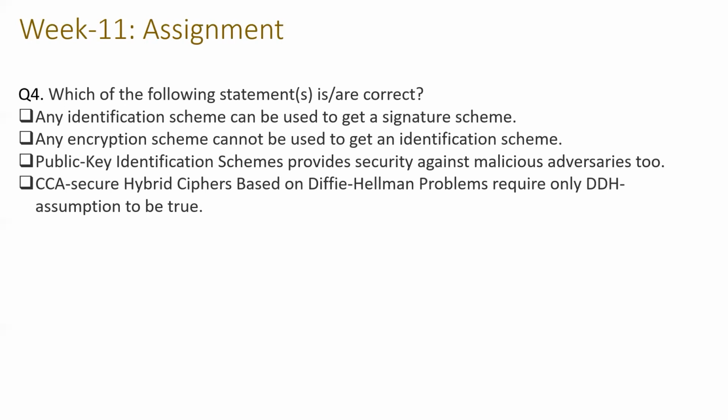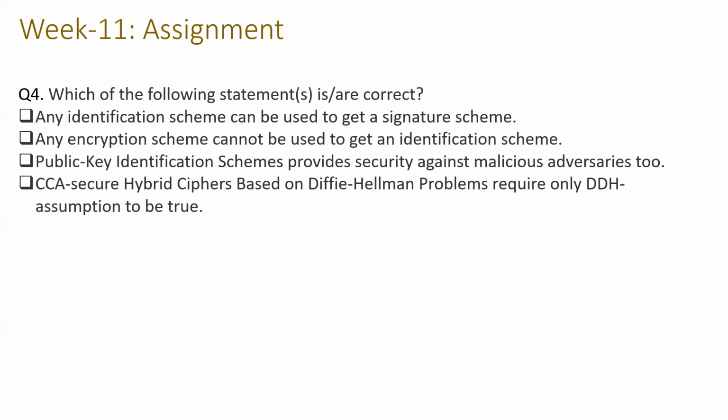Public key identification schemes provide security against malicious adversaries too. This is also true, because in an identification scheme, a malicious adversary, basically an imposter, tries to prove itself as a valid entity in the game between prover and verifier.